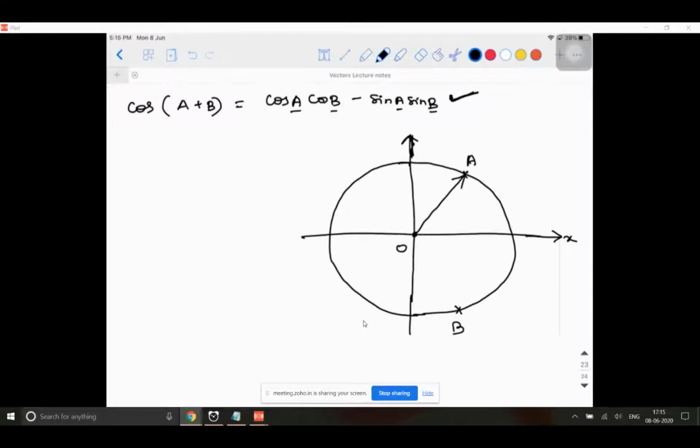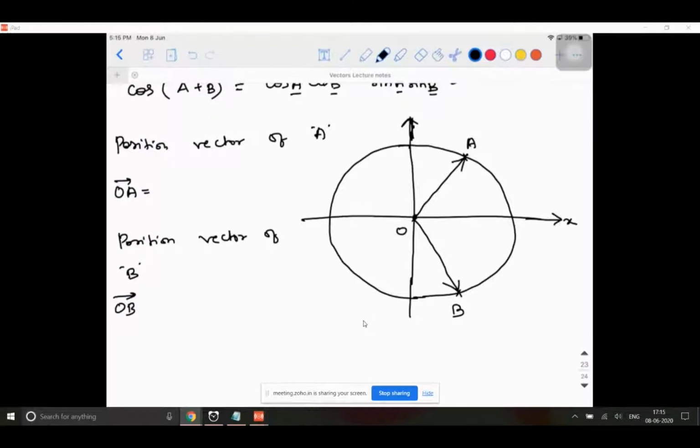Position vector. So the position vector of A is OA vector. Similarly, B has a position with respect to the origin. The position vector of B is going to be OB vector.